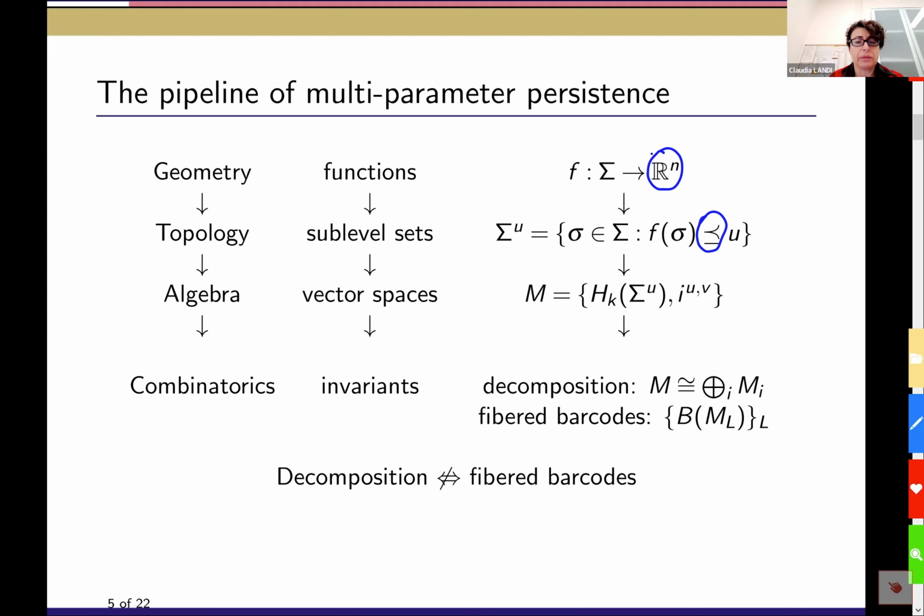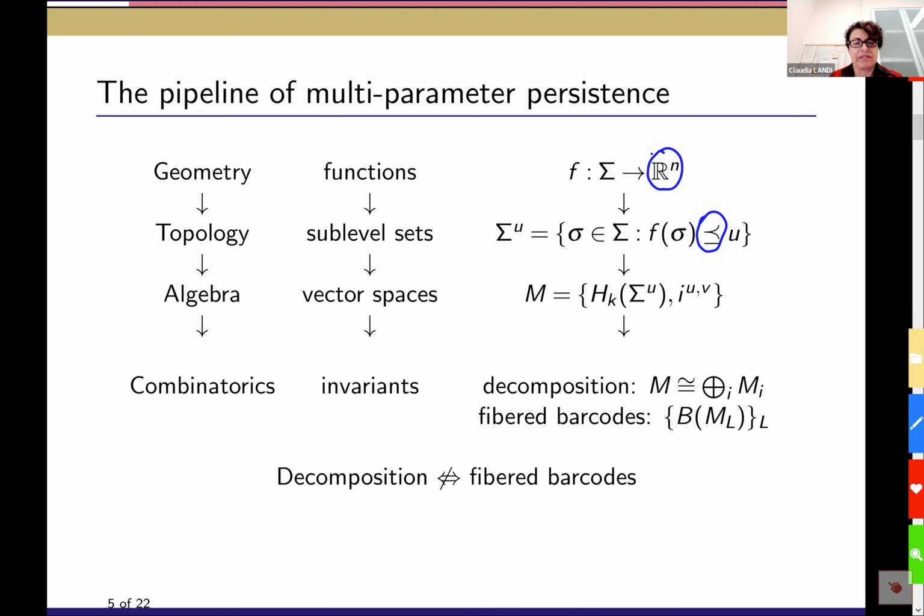On the other hand, one can still define barcodes. This time they are barcodes that one obtains by slicing the persistence module M along lines. But these are weaker invariants.